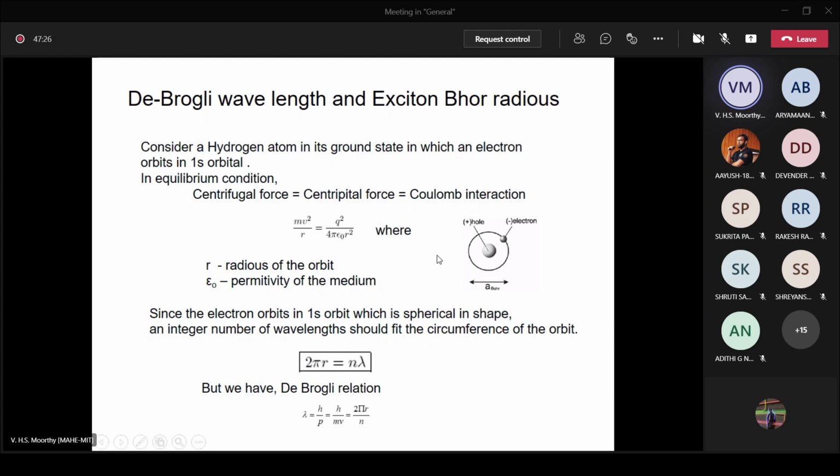So we can write an equation. I think you are aware of the centripetal force. What is that? It is mv squared by r. I hope you remember this.